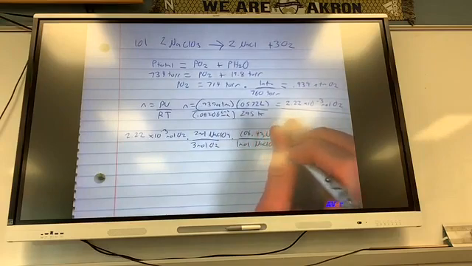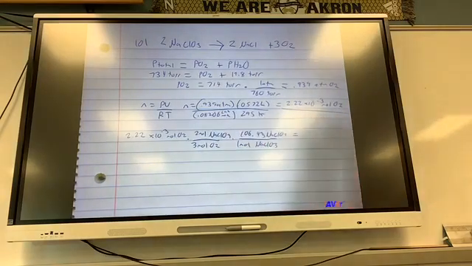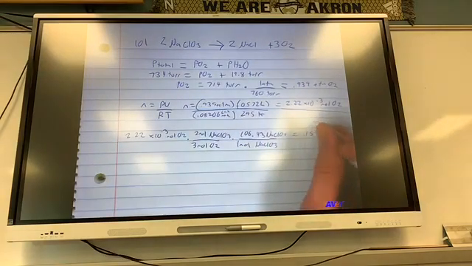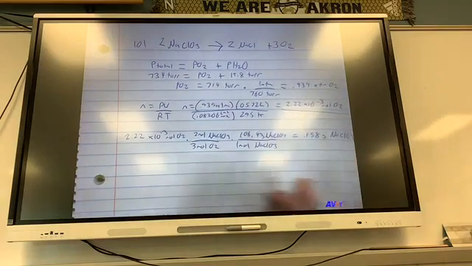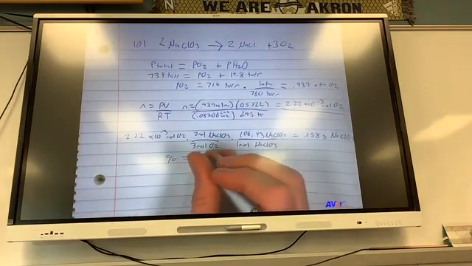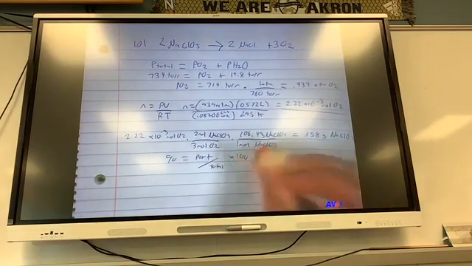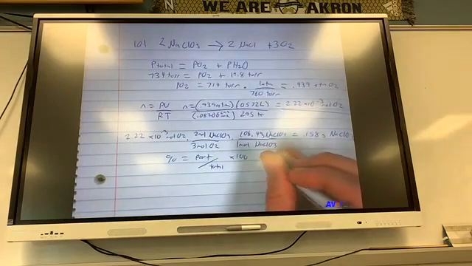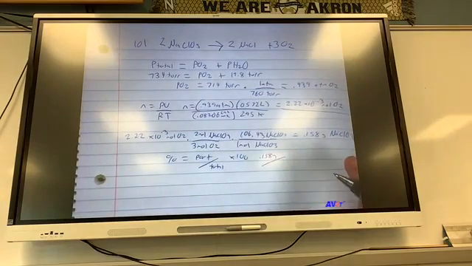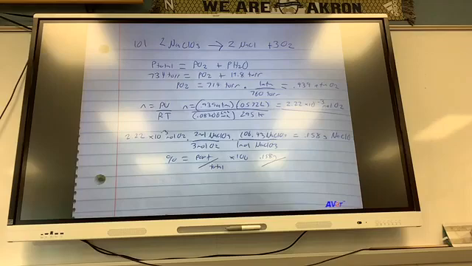So I got 0.158 grams of NaClO3. Percent equals part over total times 100. My part is the 0.158 grams. They gave me the total, right?